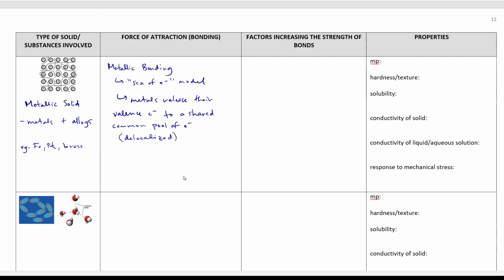So the factors that will increase the strength of the bonds is if you have smaller metal ions. Okay. So if you have smaller metal ions, that will increase the packing of the cations in the sea of electron model, which will increase the strength, right?